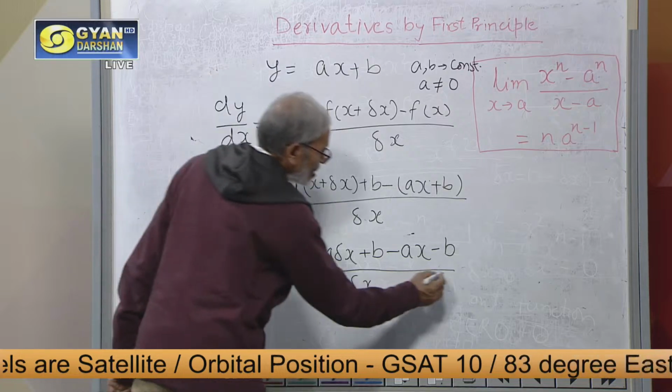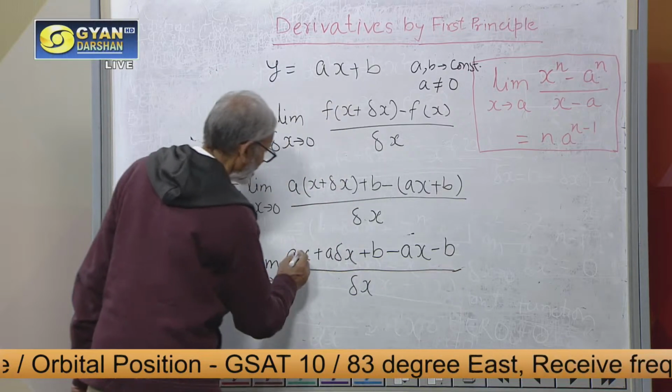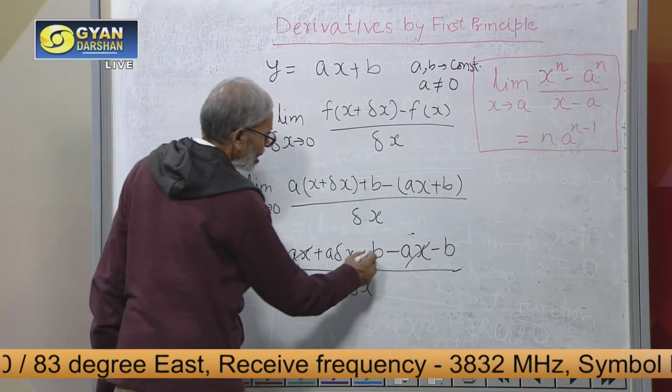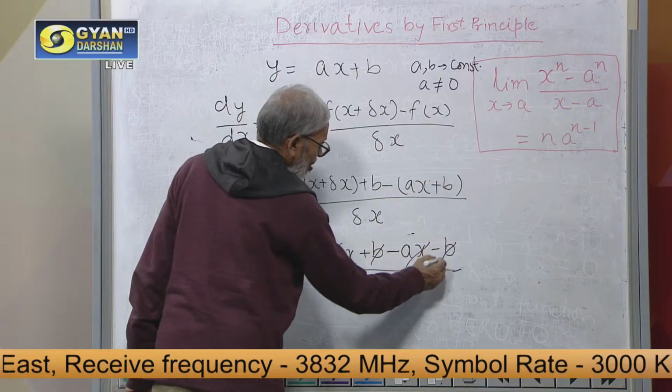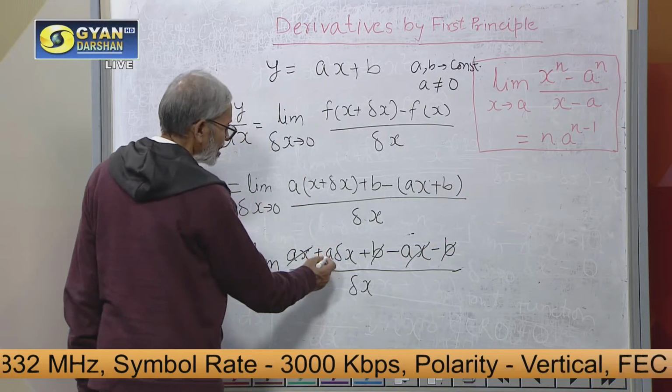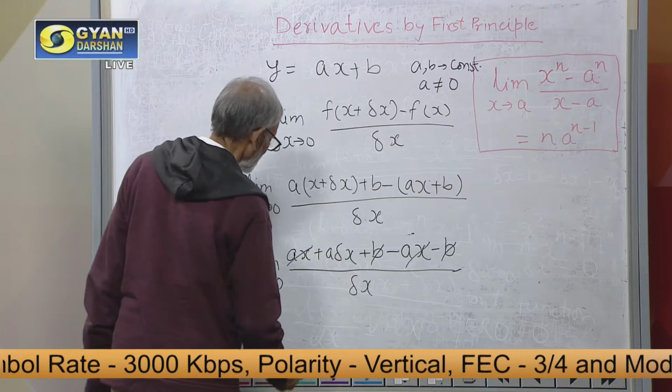So here you can see that this ax and this minus ax will be cancelled out. Again this b minus this b will be cancelled out. So here it will remain a delta x divided by delta x.